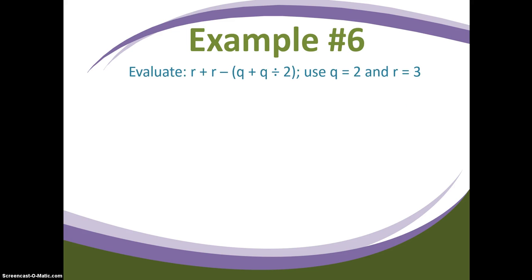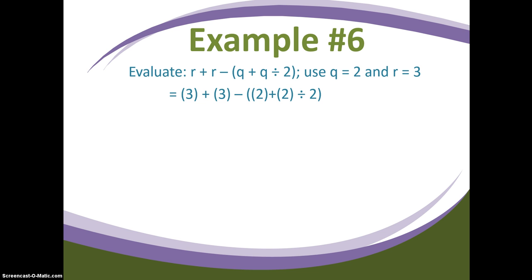Here's another example. This time it gives us variables, and what we're going to do is plug in for those variables. So everywhere we see an R, we're going to put parentheses and 3. And everywhere we see a Q, we're going to put parentheses and 2. So we're going to work again inside the parentheses.